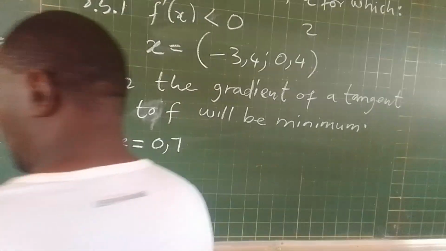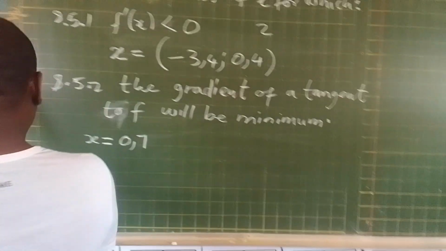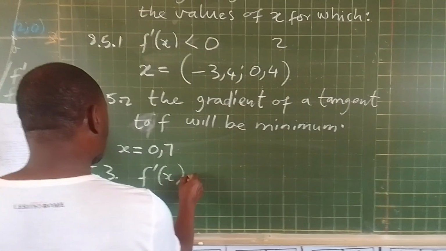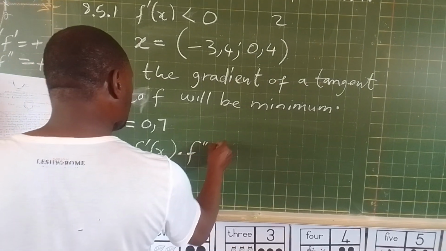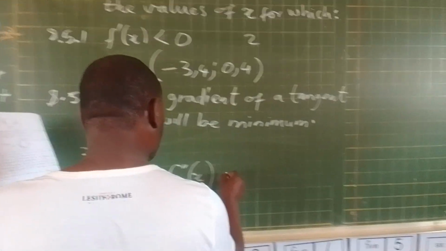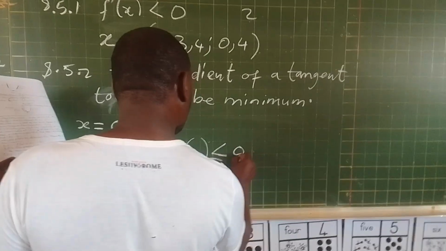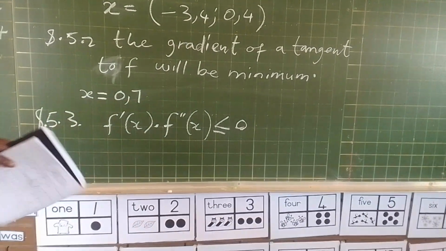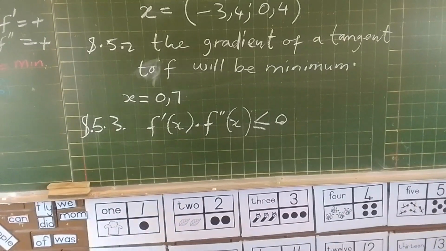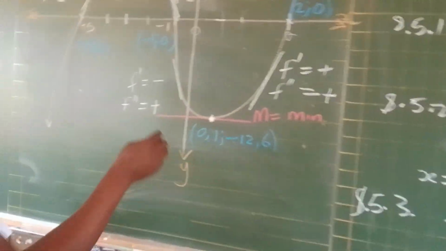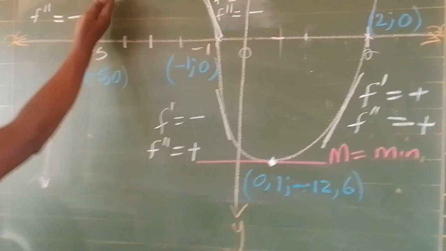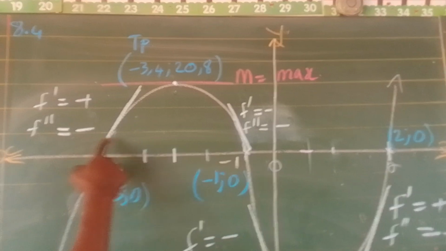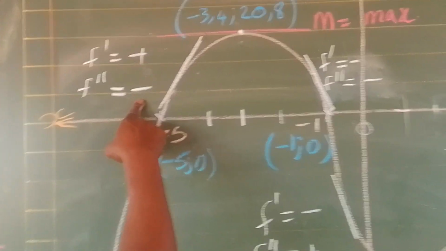8.5.3. Find x for which f dash of x, the first derivative, multiplied by the second derivative must be less than or equal to 0. In other words, it must be 0 or negative. So if you check our graph here, you can take the product of f dash. Our first derivative here is positive. Our second derivative here is negative.